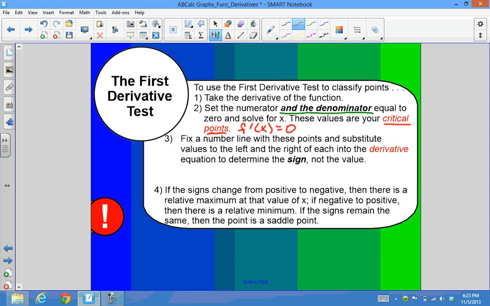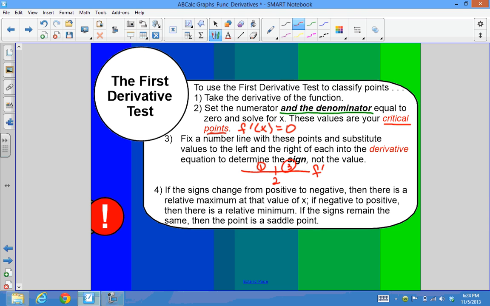You're going to fix a number line with those points and then substitute values to the left and the right of each into the derivative equation in order to determine the sign. Let's say we go through, we get our critical points, and we have a single critical point with a value of 2. I want to take something to the left of 2, like maybe 1, and something to the right of 2, like 3, and I want to plug those into f prime.